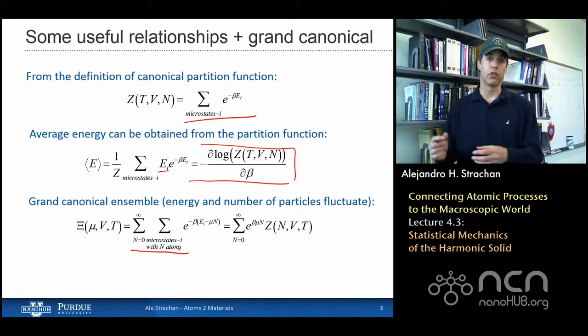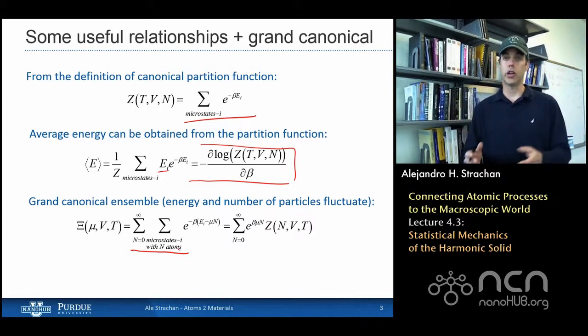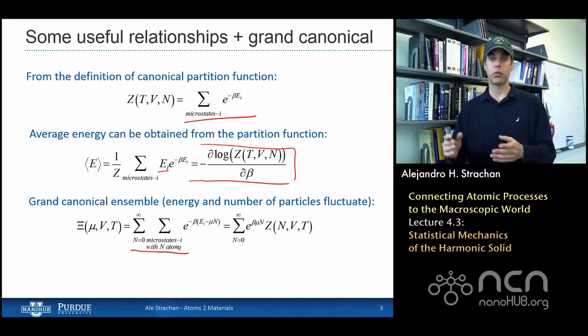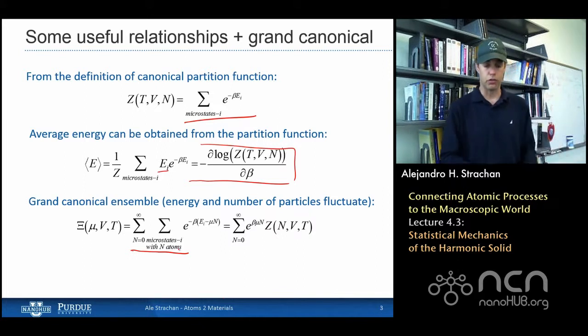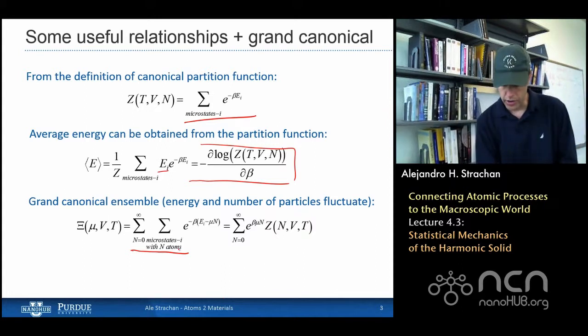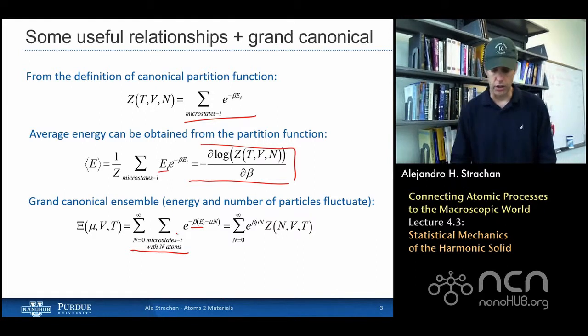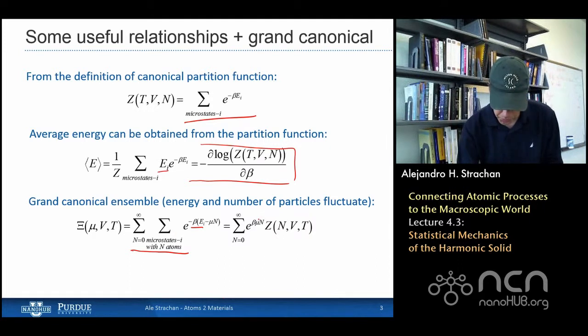You sum over all microscopic states with 0 particles, and 1 particle, and 2 particles, and 3 particles, and so on and so forth. And the weight that you put in the exponential is e to the negative beta times (energy minus mu times N). Mu here is the chemical potential.